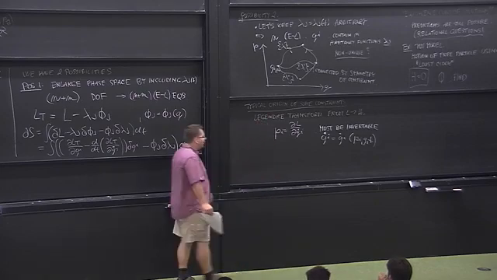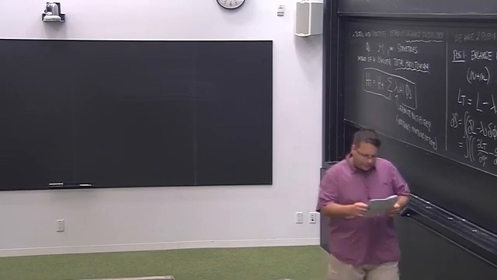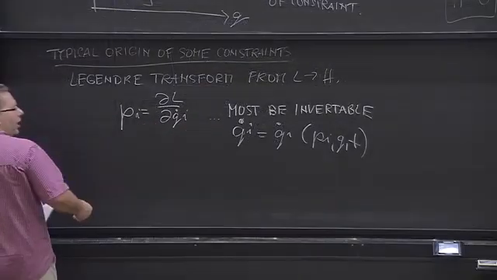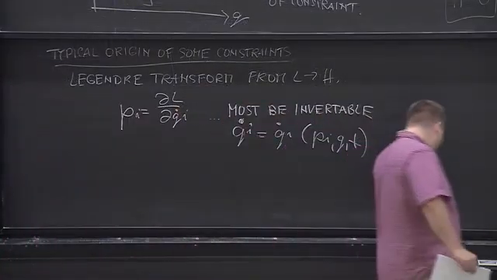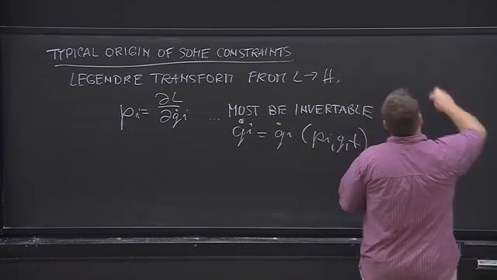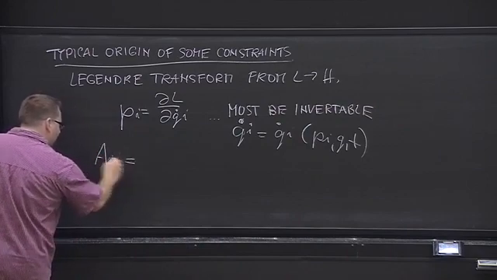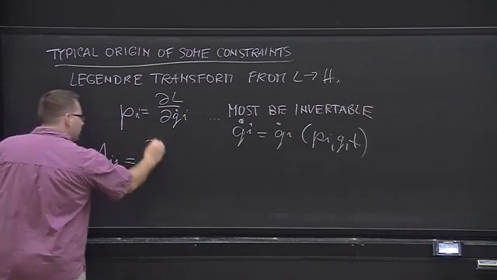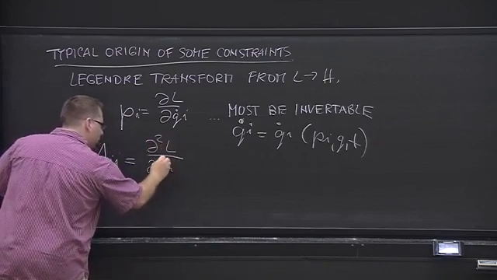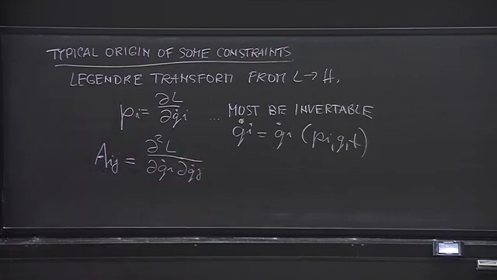But the statement is this need not actually be the case. And so this may not happen, so we may not have an inversion. And this happens when, if you define a matrix A_ij, ∂²L over ∂q_i dot ∂q_j dot, so just form a matrix like this.